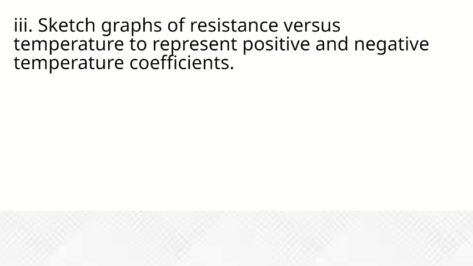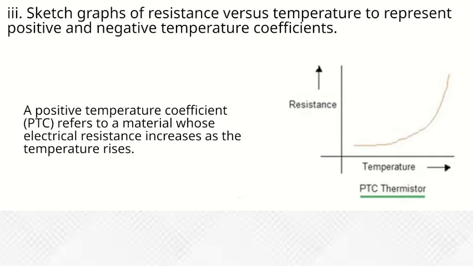Now, part 3 says that we're to sketch the resistance versus the temperature to represent the positive and the negative temperature coefficients. So for the positive temperature coefficient, remember that this one refers to material whose electrical resistance increases as the temperature rises.